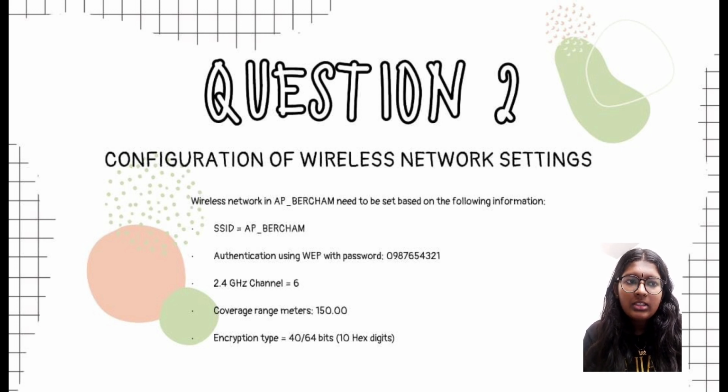We need to set it up based on information such as SSID equals AP Bircham, and authentication will be WEP with password 0987654321, and our 2.4 gigahertz channel will be 6, and our coverage range will be 150 meters, and encryption type is 40/64 bits. So let me show you in a video.